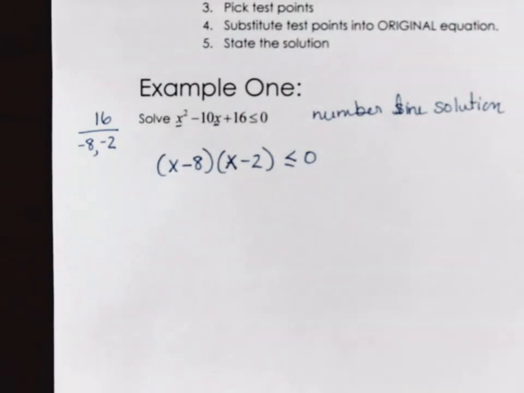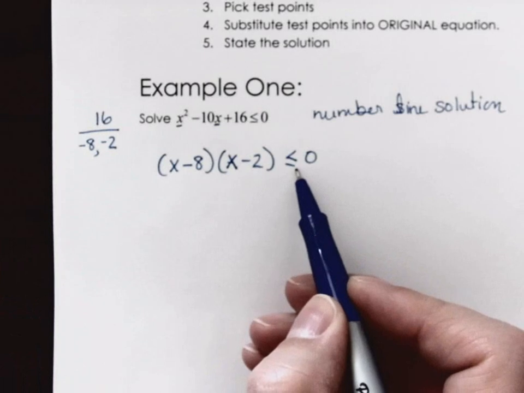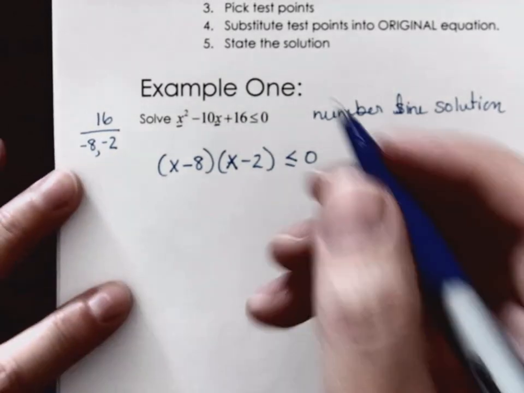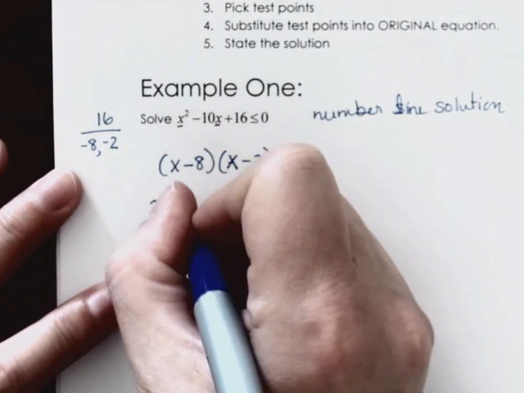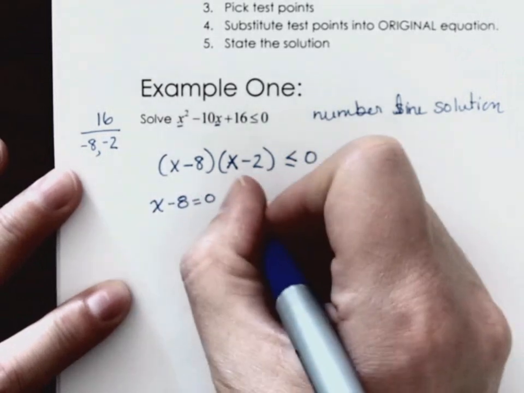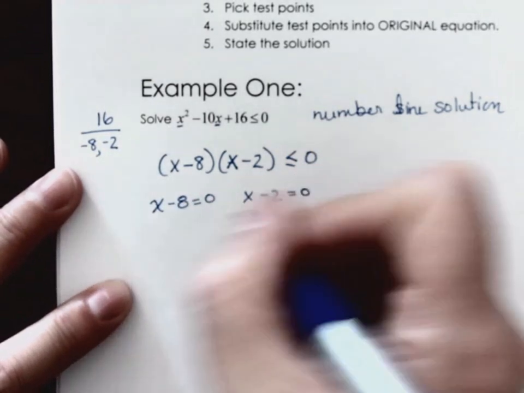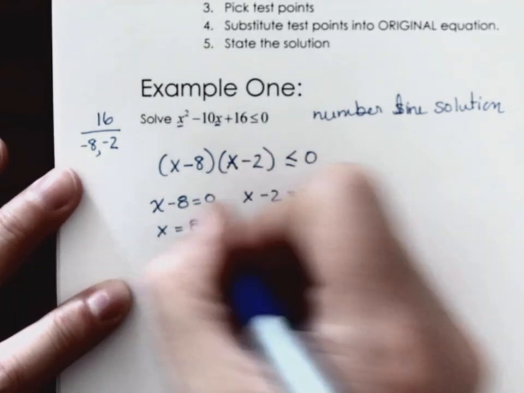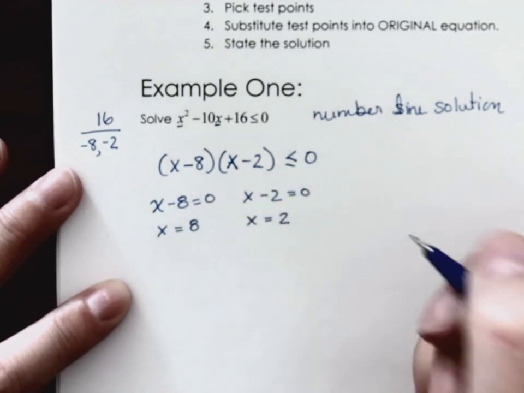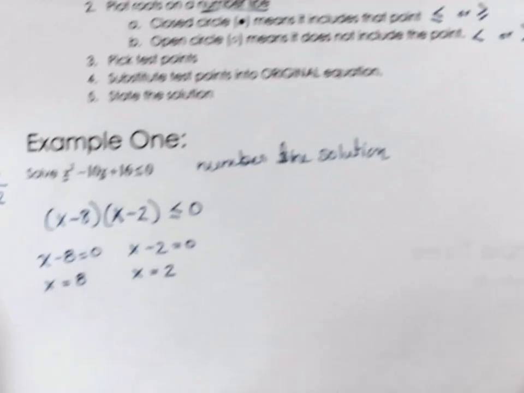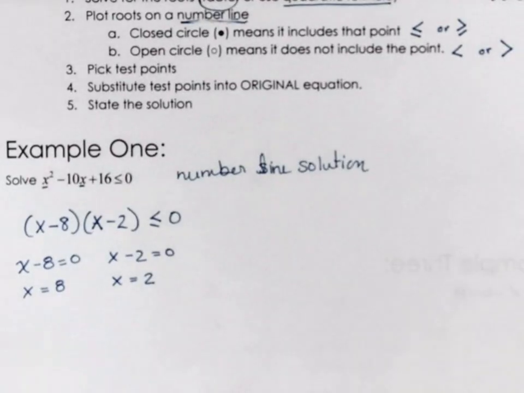What I know is that on my number line, my points will be closed because I have the equal to sign. So I'm going to set each factor equal to 0 and solve. Okay, that's not hard. I did that. That's pretty good.